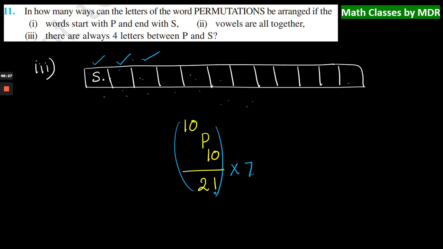I take S here, 1, 2, 3, 4, P, right? So if I take 4 letters between S and P, does it match this question? There are always 4 letters between P and S, right? Here he didn't mention that P should come first and S should come next. Then this is also possible, right? This is another possible case.